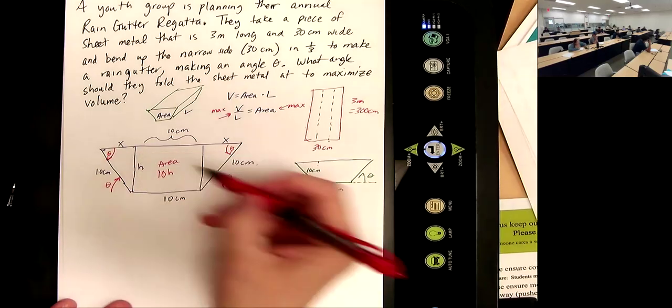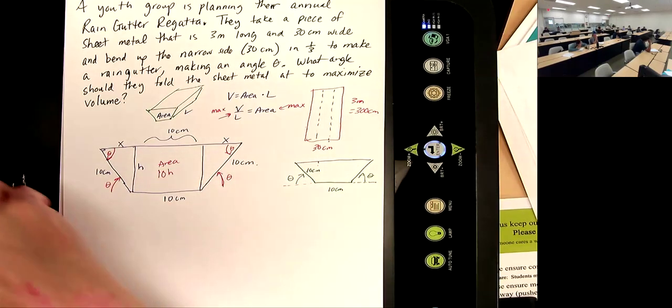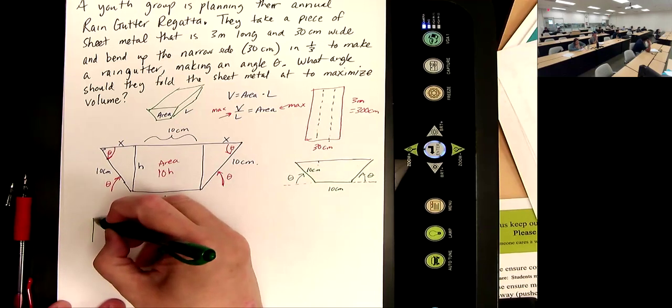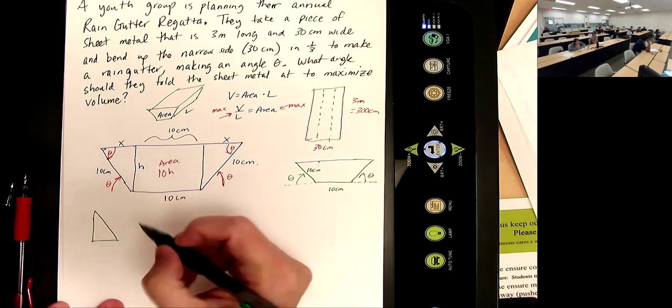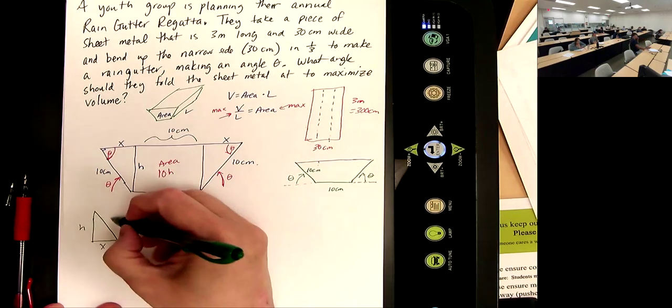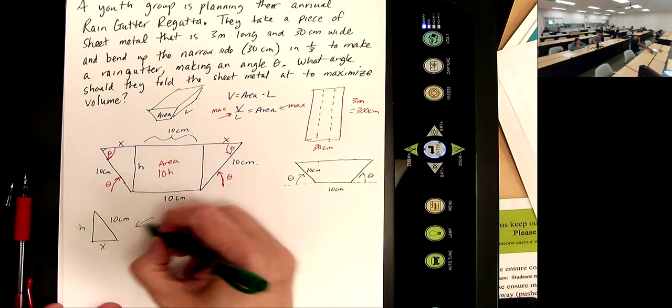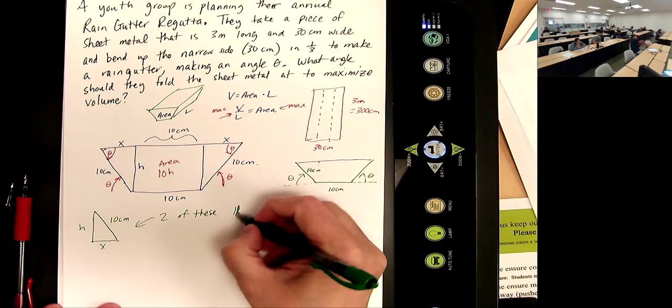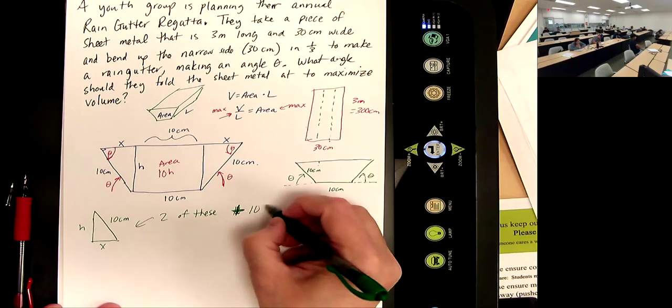Each of these, or not rectangles, the triangles, if I just look at one of the triangles and put it like this, the flat side is the X, the tall side is the H, and the diagonal is 10 centimeters. We have 2 of these, plus 10H.